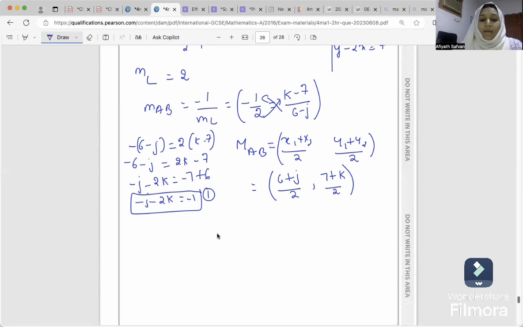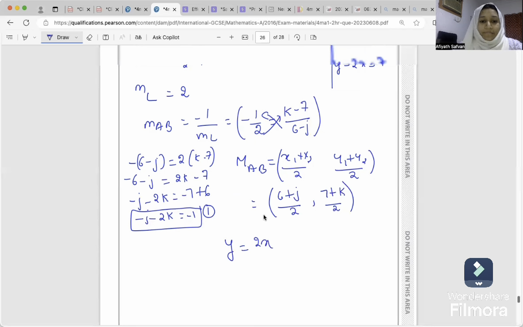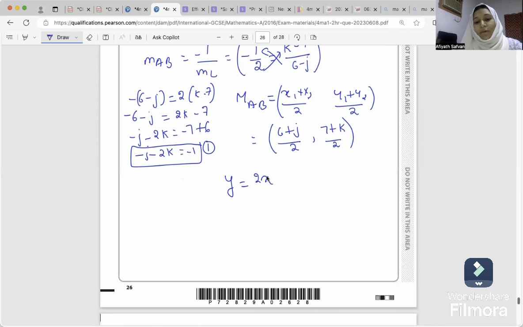So in the equation y is equal to 2x plus 7, my x is here and my y is here. Just simply substitute it: (7 plus k) by 2 is equal to 2 into (6 plus j) over 2, plus 7.